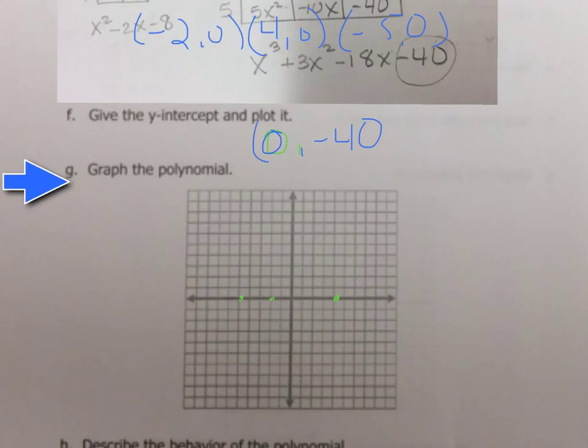So I'm going to have to change the scale here on my grid, and I'll just go down to negative 100 and positive 100. This can still be 10, this can still be negative 10. So negative 40 would be right about this point here. Since these are all singles, I know that they're all going to just cross right through the x-axis. So let's use our calculator to find out our critical points.